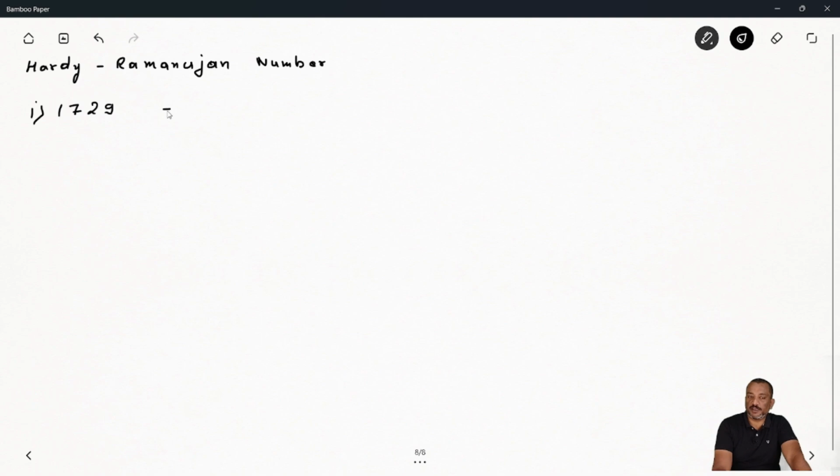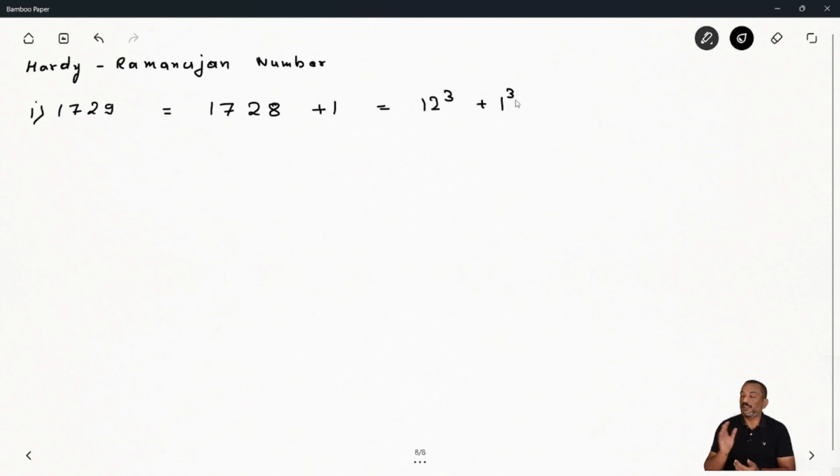So 1729 is 1728 plus 1. 1728 is the perfect cube of which number? You have to remember: it is the perfect cube of 12, and 1 is the perfect cube of 1. So 1729 is the sum of 12 cube plus 1 cube.